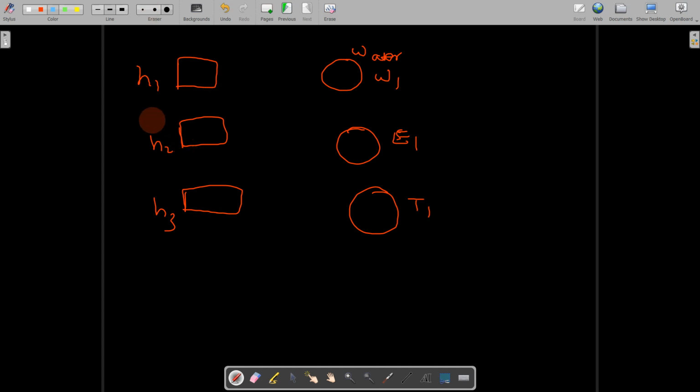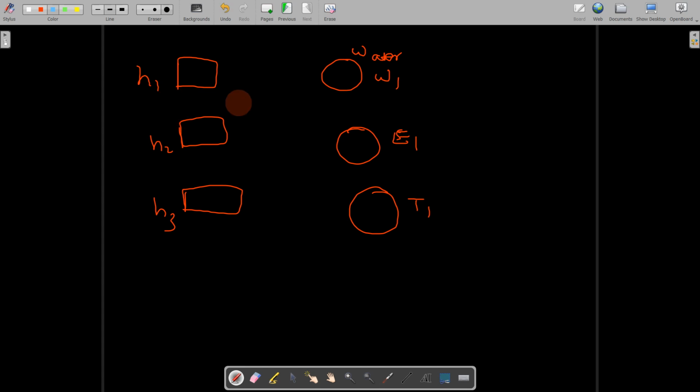And we don't want such a complicated graph where the pipelines, electricity lines, water lines and telephone lines are all jumbled up. We don't want them to be intersecting.